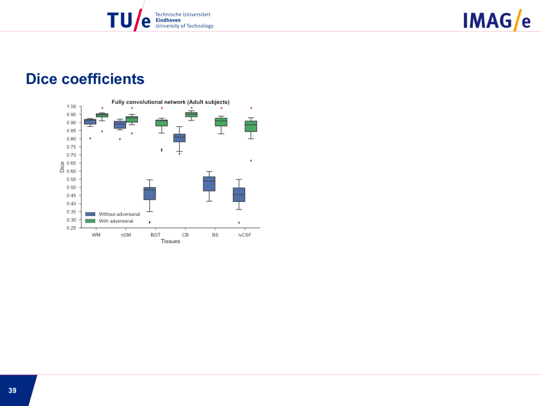So that was a visual look at these results, but you can of course also look at dice coefficients again. So this shows the dice coefficients for each of the tissue types, and then in blue you see the method without adversarial training approach, and then in green you see the results with this adversarial approach. You can see that for these specific images and with this network, it's quite drastically improved.